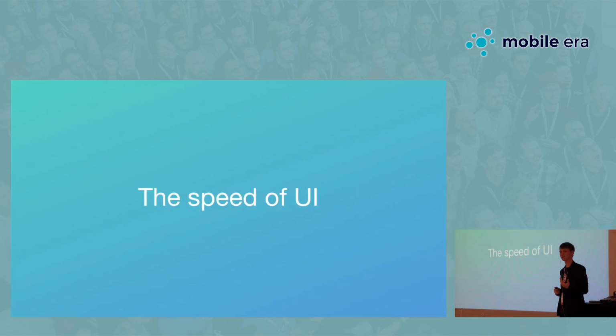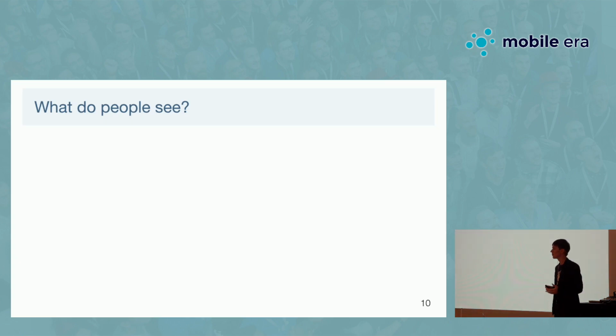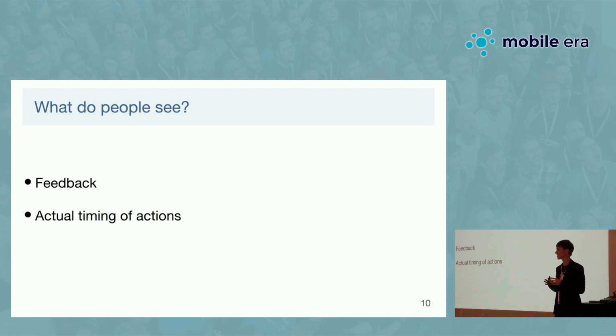And what is the speed of UI overall? People see different things. First of all, they want to see some feedback. And starting from Android 5, we are pretty good at it. The user presses something, we see a ripple effect. Okay, that's nice. Then, after the user presses something, they want to get some feedback, for example, that something happens, the actual action.